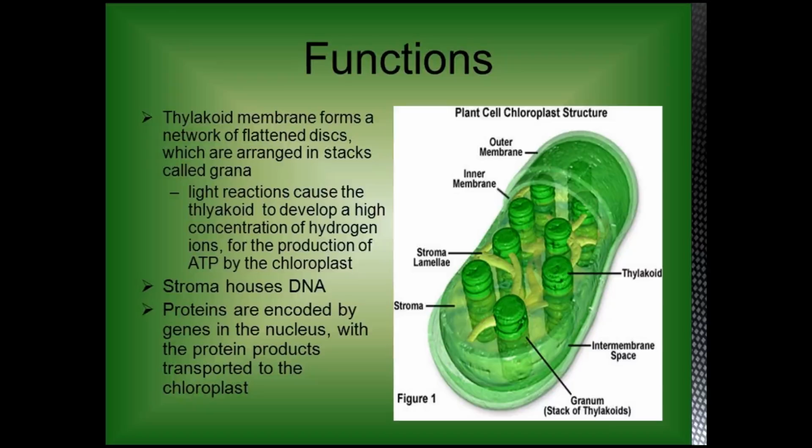Synthesis of fatty acid, storage of lipid, formation of chloroplast. These are the functions. The thylakoid membrane forms a network of flattened discs arranged in a stack, that is grana, making photosynthesis, storage of starch, synthesis of fatty acid, storage of lipid, formation of chloroplast.